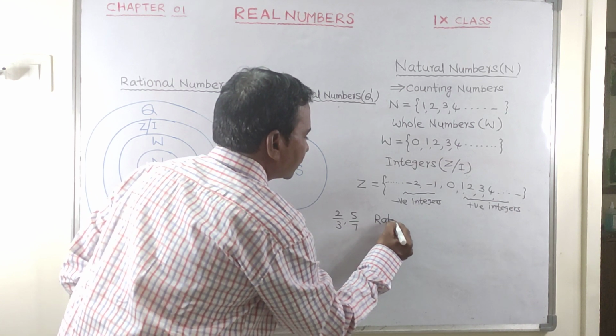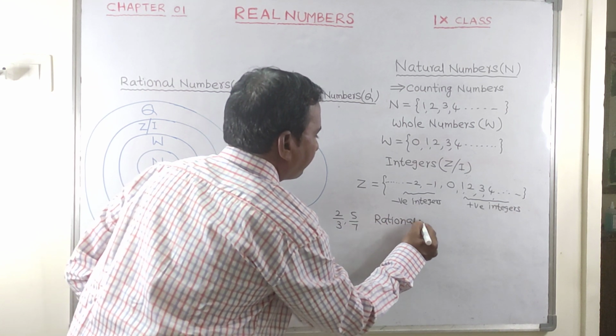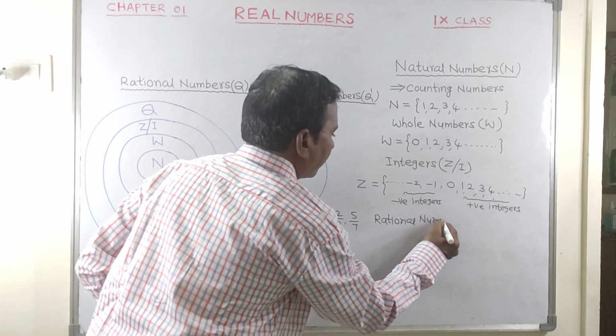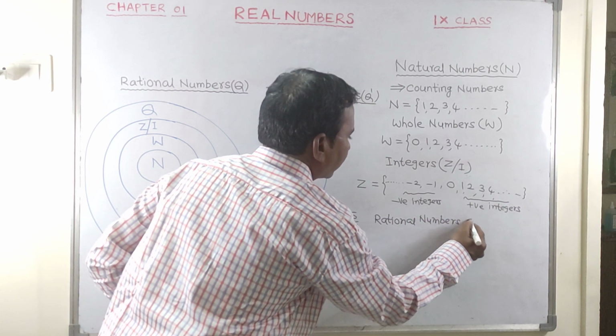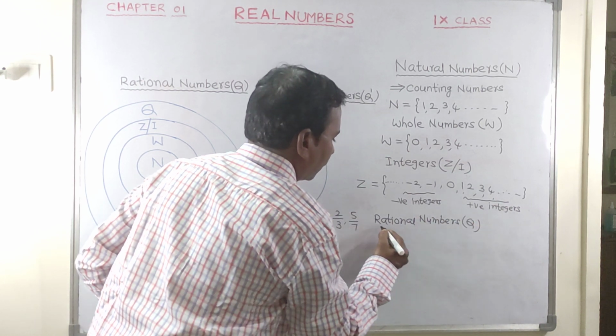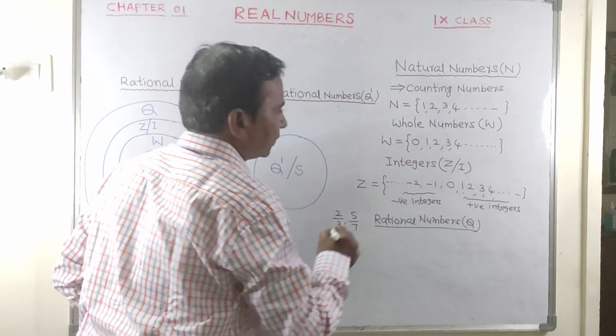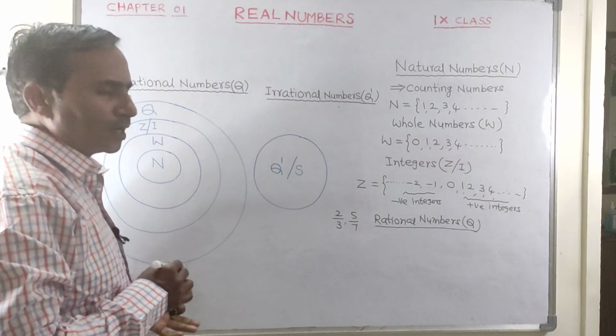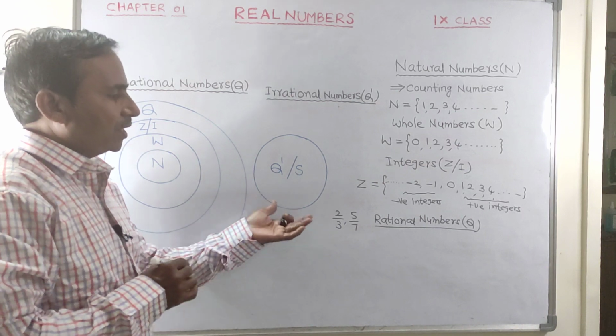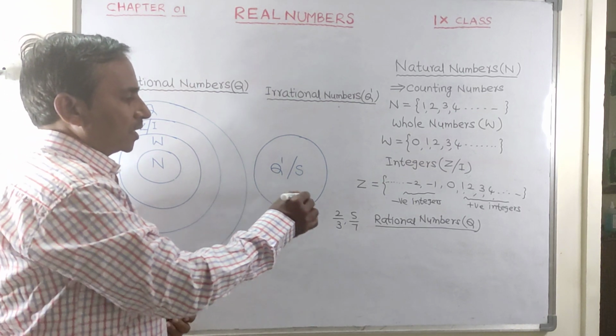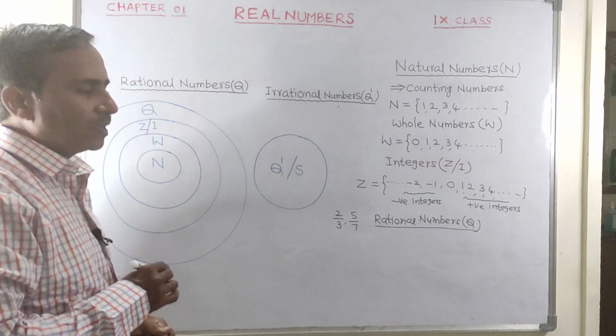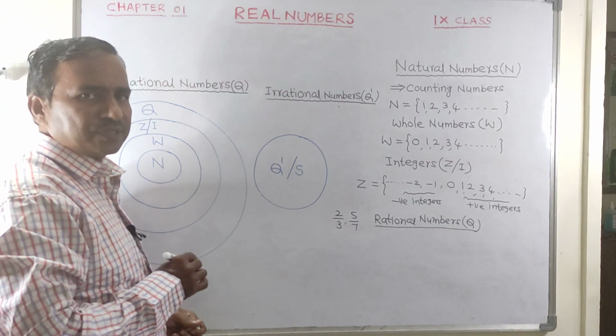They are represented by Q. And from which number they start, we can't say. Why? Because infinitely many rational numbers will be there between any two positive numbers.